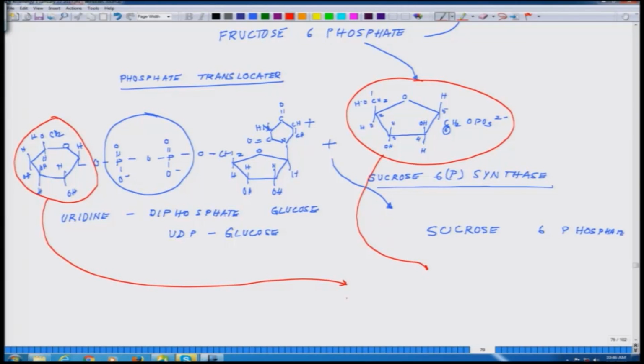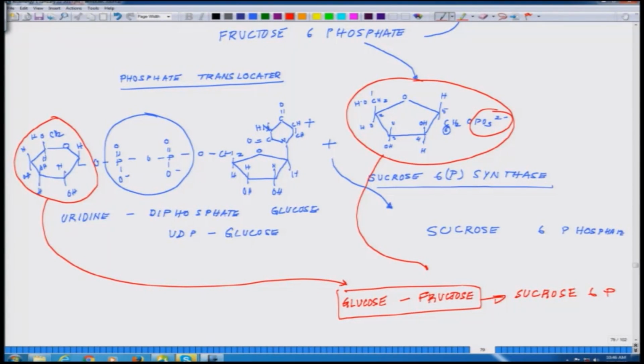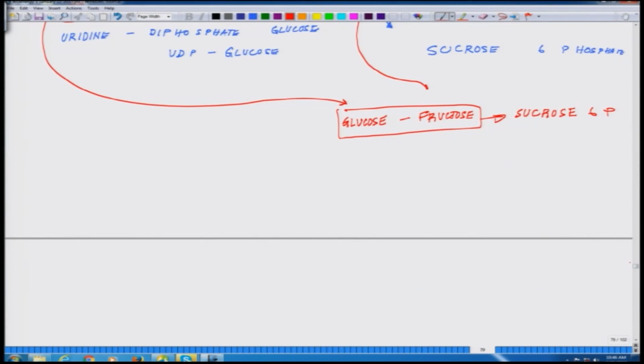So, you have glucose and you have a fructose, which makes you the sucrose, sucrose 6-phosphate. So, you have the phosphate group like that, which comes as it is. So, the structure will be like this. Let me just draw the structure, and of course, you will be left with the UDP, the uridine diphosphate. I am not drawing that again.